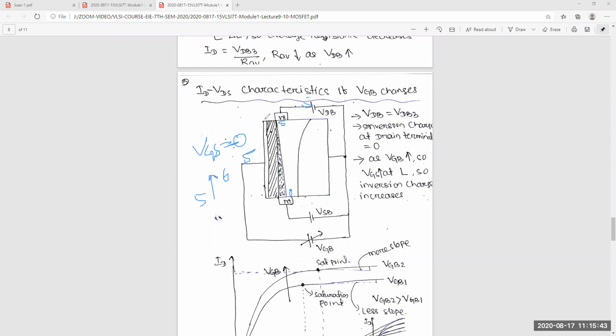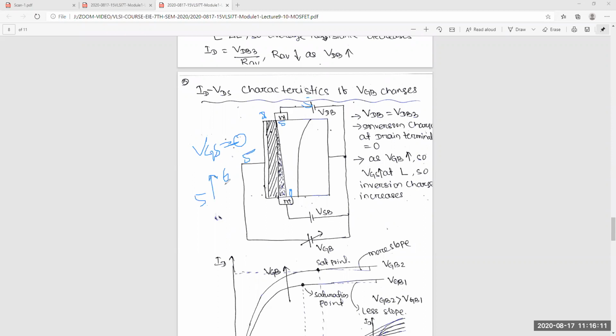If we increase it, we will get some voltage here. If we increase it, how much VGS will we get at the drain terminal? Akansha? Yes, sir. Suppose this is 5 voltage. Initially it was 5, and the drain voltage is also 5, so the gate to source difference is 0 voltage.